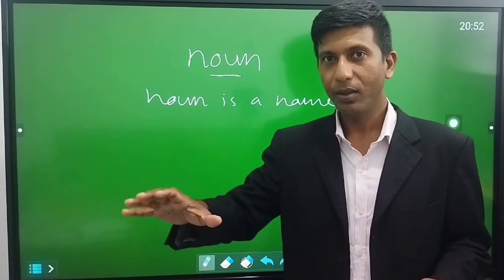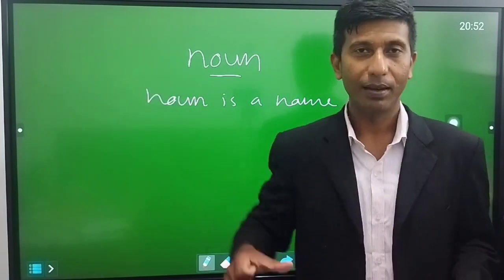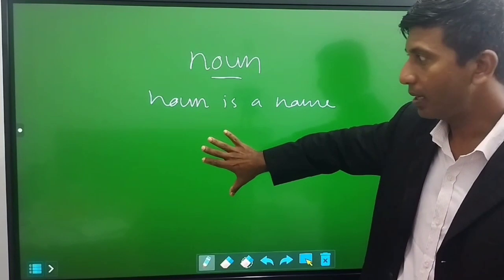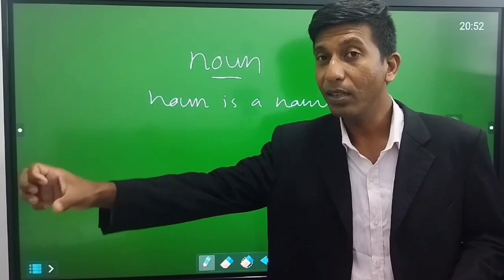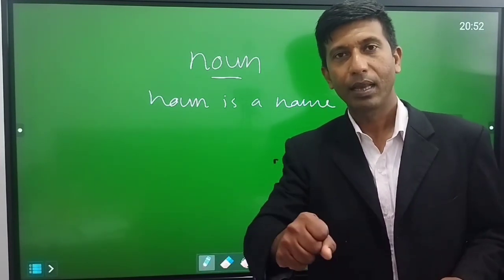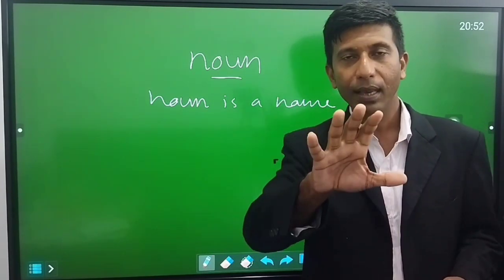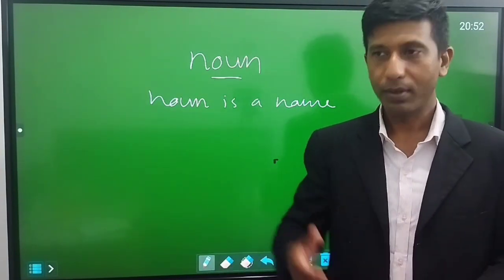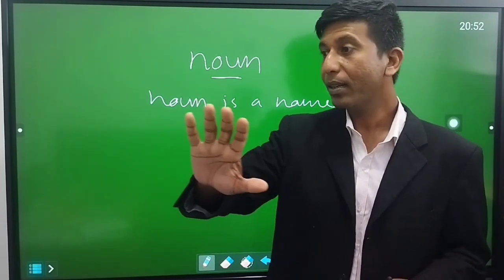So there are things in the world you can touch. When you can touch, we call it tangible. Now this board is tangible. I can touch it. When you can't touch something, you call it intangible. That means oxygen is intangible. And there are things you can see and there are things you can't see. But we name them.